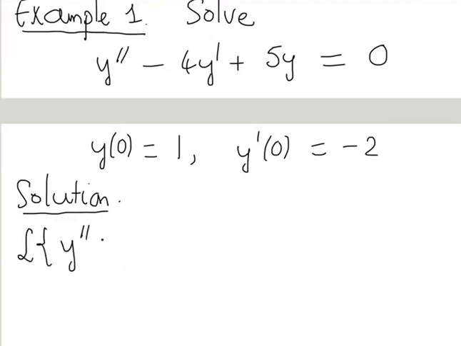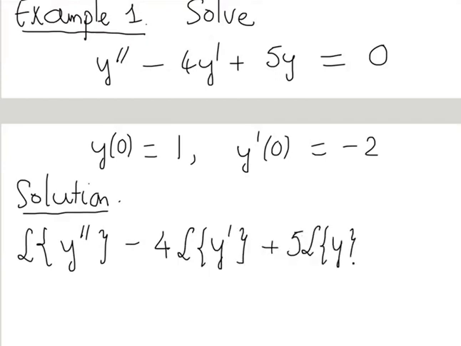We have Laplace transform of the left side, which gives us Laplace transform of y double prime minus 4 Laplace transform of y prime plus 5 Laplace transform of y equal to Laplace transform of 0.